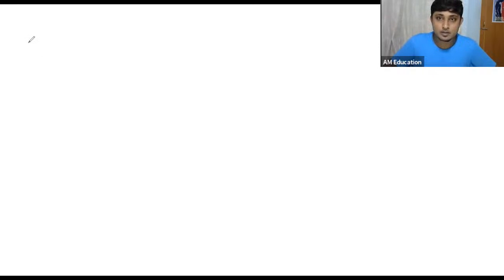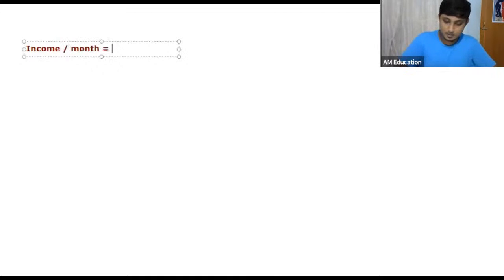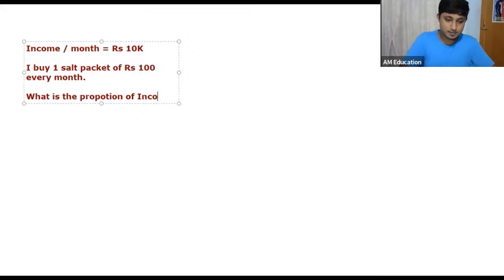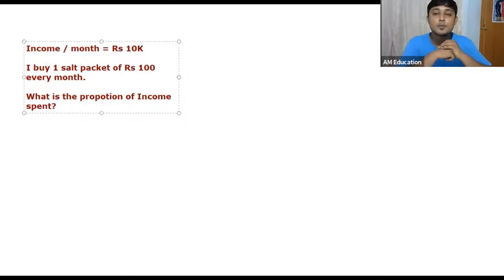My income per month is 10,000. I buy one salt packet of rupees 100 every month. Can you tell me what is the proportion of income I spend?